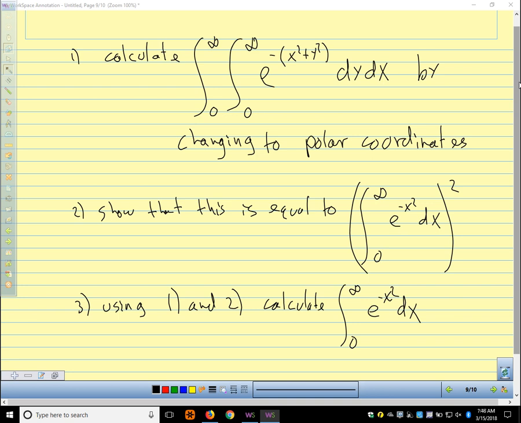Those of you that are in stats know that for the normal distribution you have a normalization constant, 1 over square root of pi. This is how you find the normalization constant.